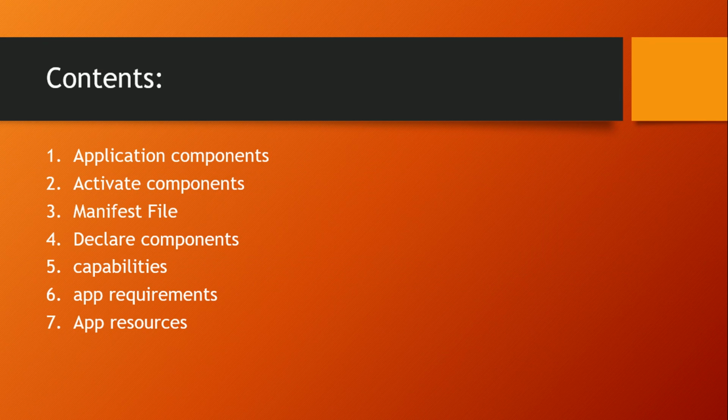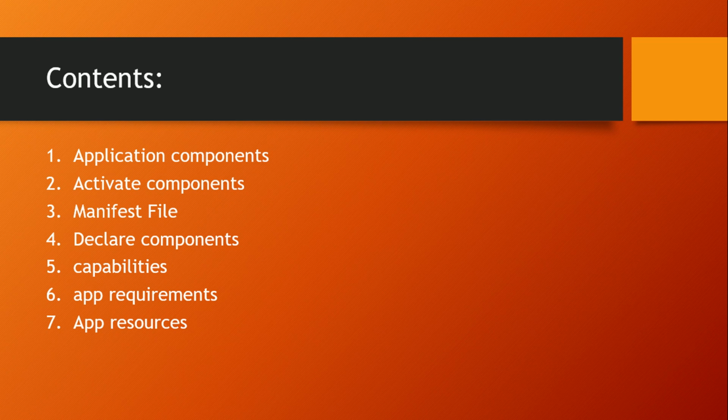So today we're going to learn about the basic core fundamental concepts of any Android application. These are the contents of today's lecture. First of all, we will see what the application components are and what they are used for.